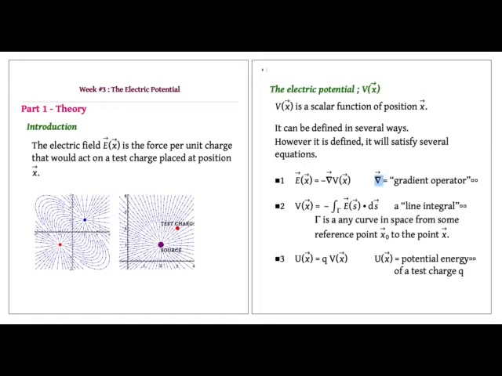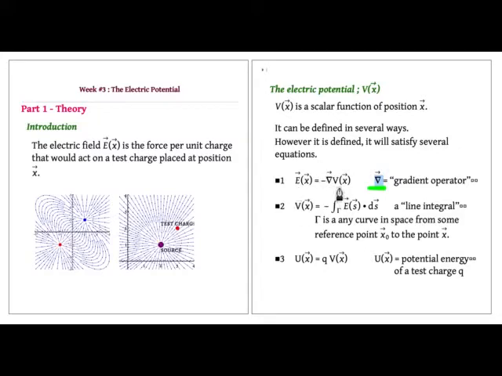So it has components. It's simplest in Cartesian coordinates. The x component of the gradient is the partial derivative with respect to x. The y component is the partial derivative with respect to y, and likewise the z component. In other words, it's derivatives of a multivariable function.